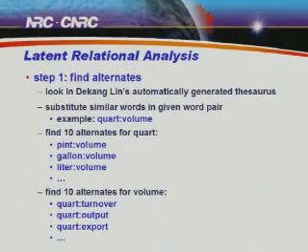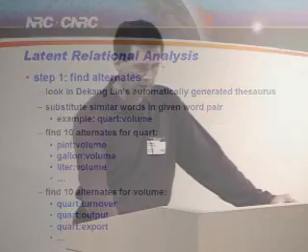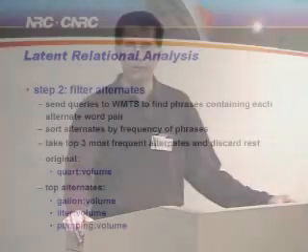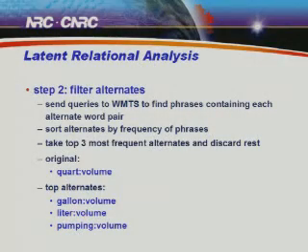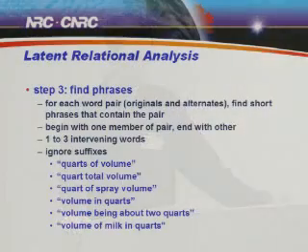And in the previous step I had 20 alternatives to the original pair, quart volume. What I take is the top 3 alternatives that have the highest frequency. I'm just going to back up to step 1. So quart export. If I look in the corpus, the terabyte of text, quart and export very rarely appear together. So if I just drop out the least frequent pairs, I get higher quality alternatives.